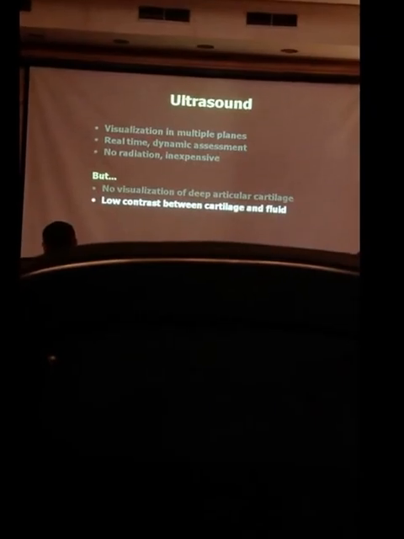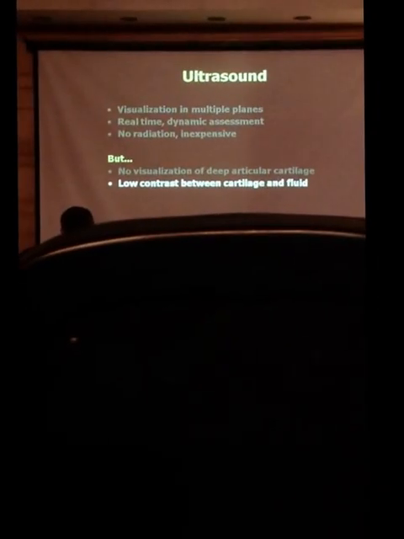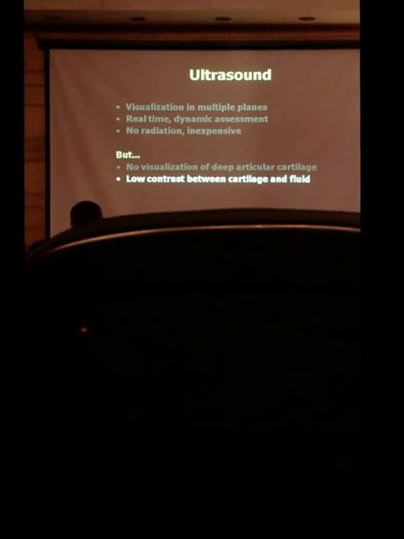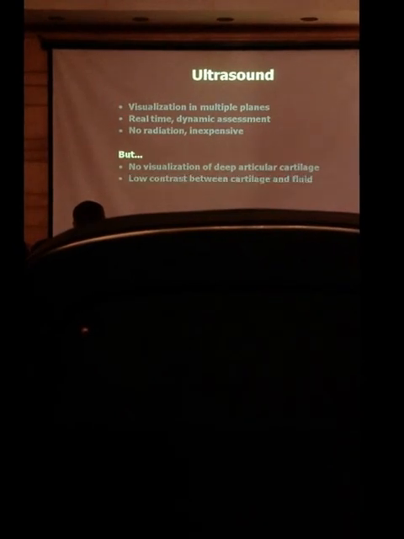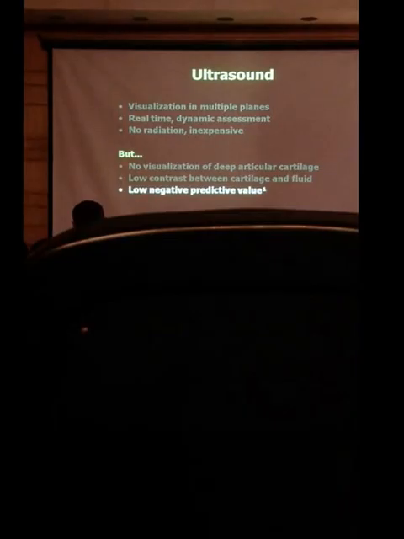Both are hypoechoic. And that's the problem, because if we don't have contrast, how are we going to see very focal contour defects? That's why it's reported in the literature that ultrasound has a very low negative predictive value. Meaning that you see the cartilage, you think it's normal, but you're not sure. It might have pathology there, even though you see the cartilage is normal.